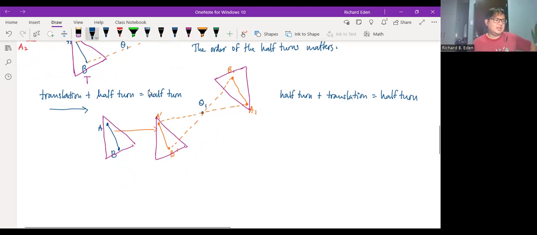So for a half turn, when we talk of a fixed point of a transformation, we're talking about things which don't change. So if we perform a half turn, what is the only point on the plane which does not change or is the same as its own image?